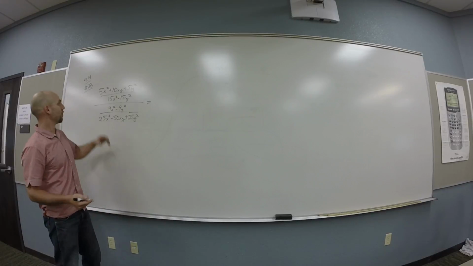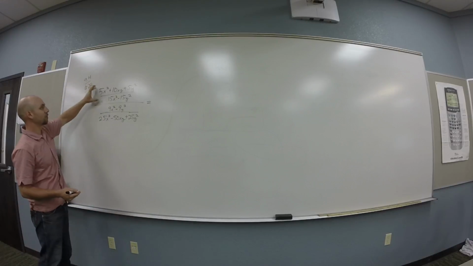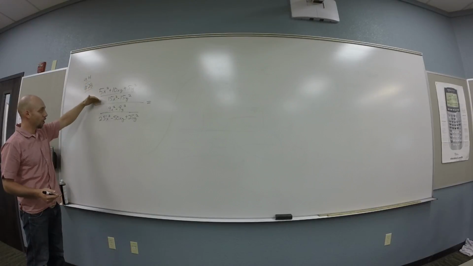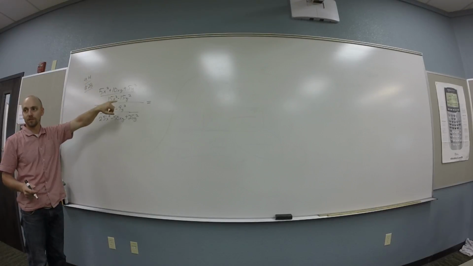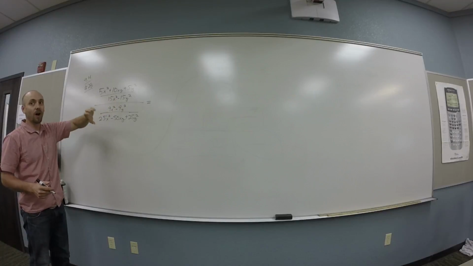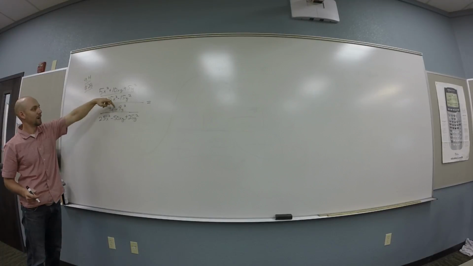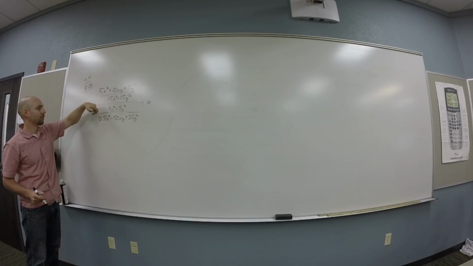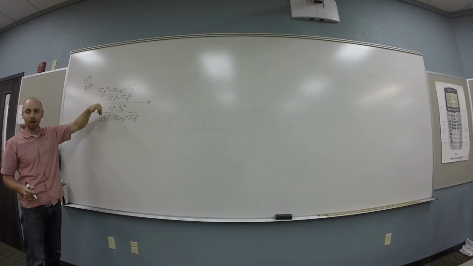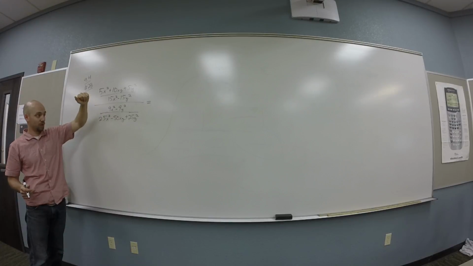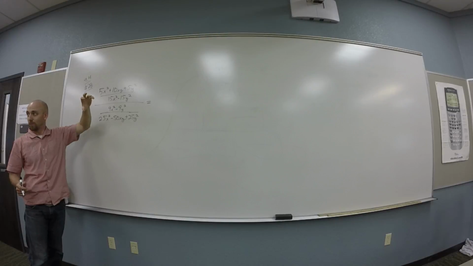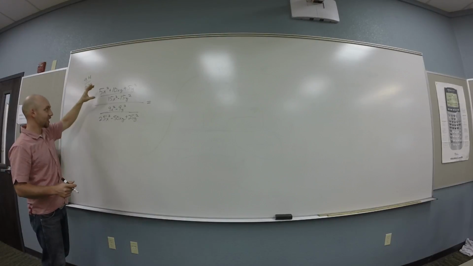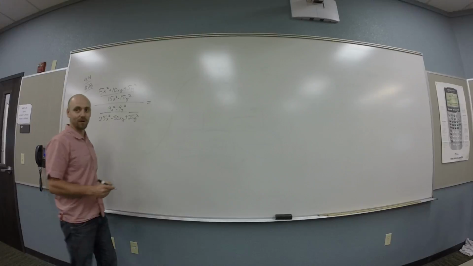Right, so I'm going to think about this as 5x squared plus 10xy plus 5y squared over 15x squared minus 15y squared, divided by 9x squared minus 9y squared over 25x squared minus 50xy plus 25y squared. Woof, what a mouthful. I'm going to take the top and multiply it by the bottom flipped over.